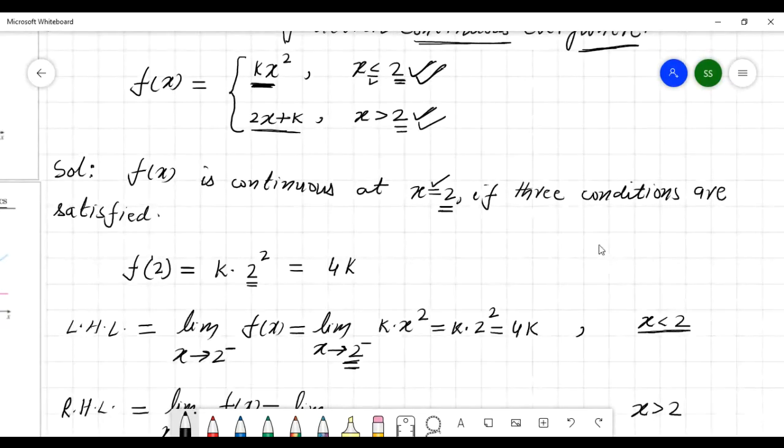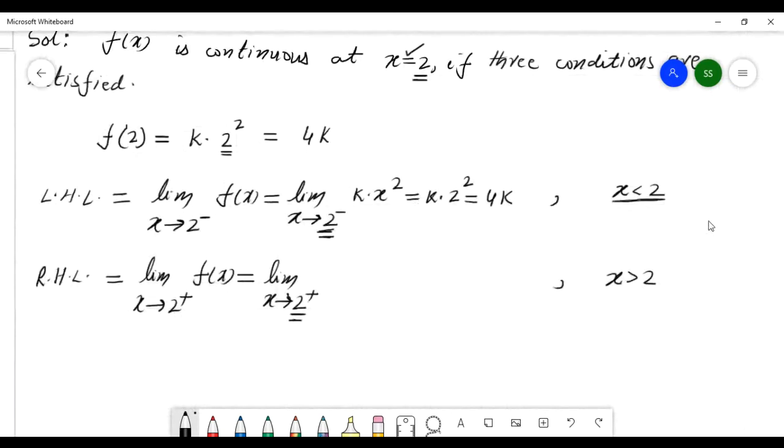So as x goes to 2, here 2 multiply 2 plus k, and this is equal to 4 plus k.